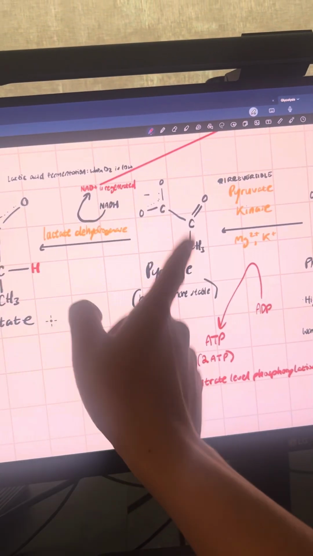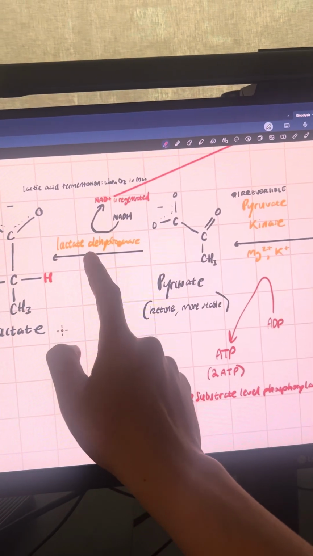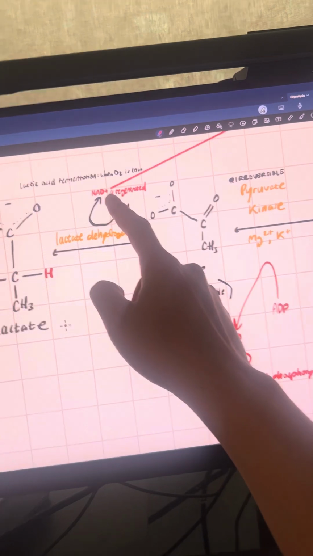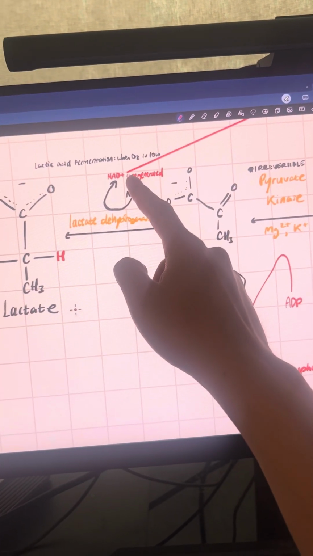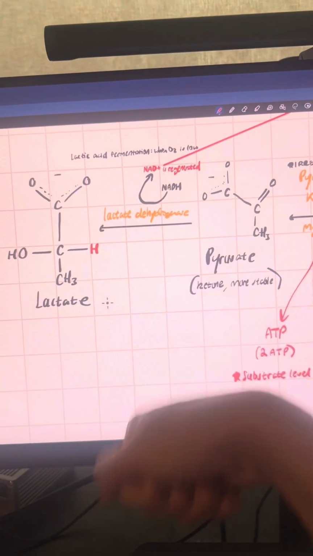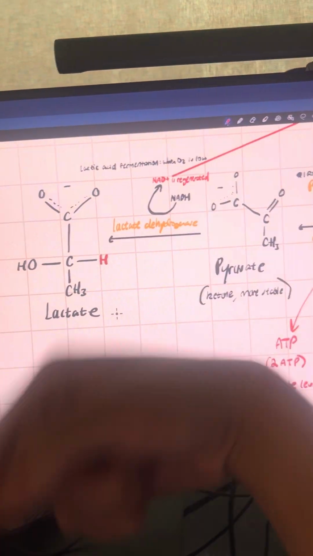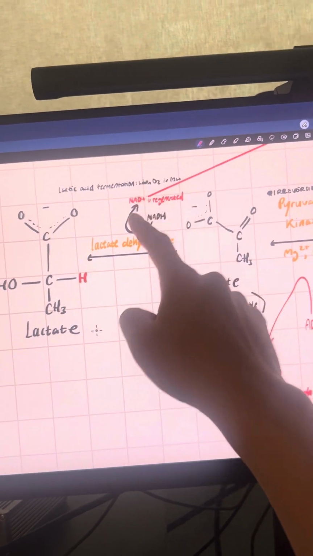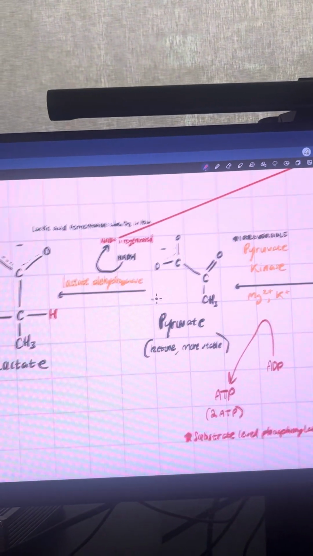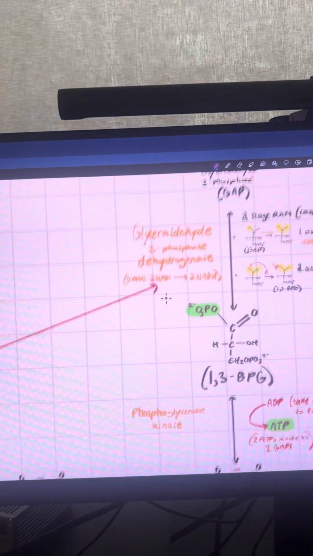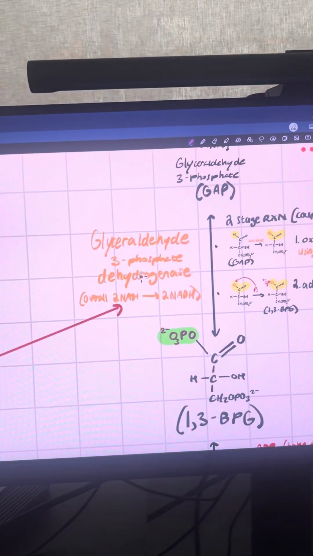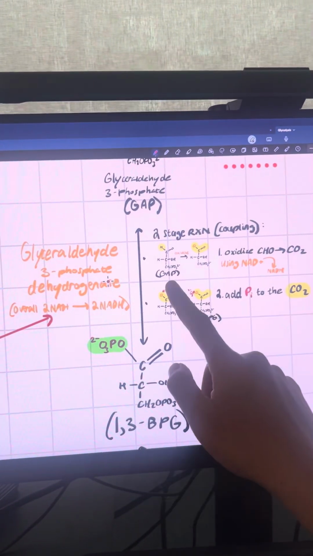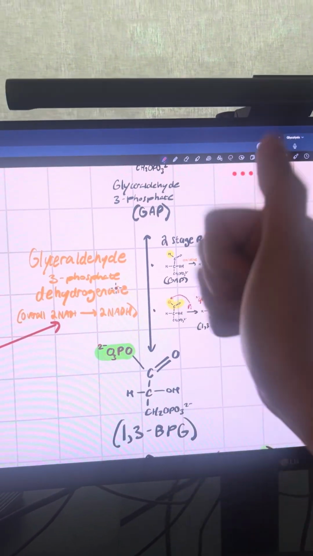This reaction of pyruvate to lactate regenerates NAD+. And where do you think that NAD+ is going to go? Remember, we need NAD+ for glycolysis to work, so you need to regenerate it at some point. It's regenerated here in lactic acid fermentation. It will go all the way back to glyceraldehyde 3-phosphate dehydrogenase, which needs NAD+ for the coupling reaction. Okay, good.